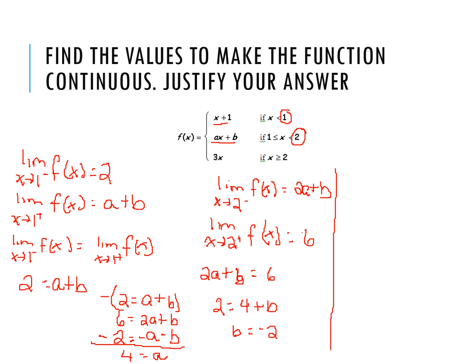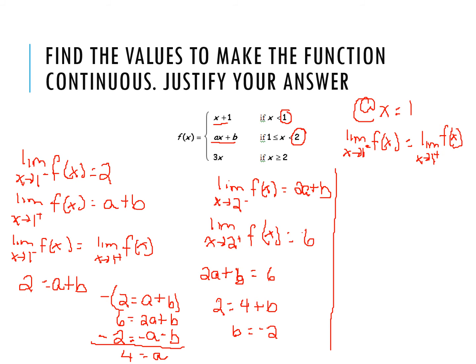So at x equals 1, I would say that the limit as x approaches 1 from the left of f of x is equal to the limit as x approaches 1 from the right of f of x. And to find that limit, I would just do a direct substitution.